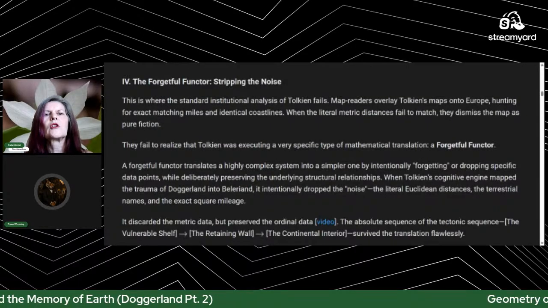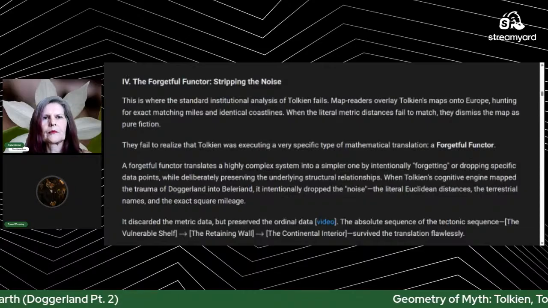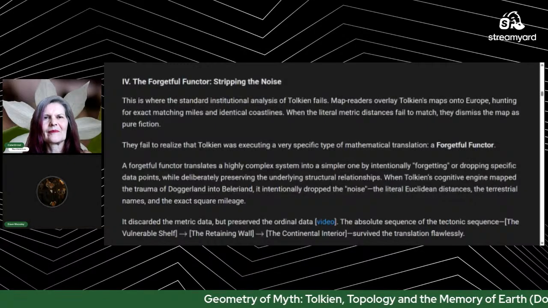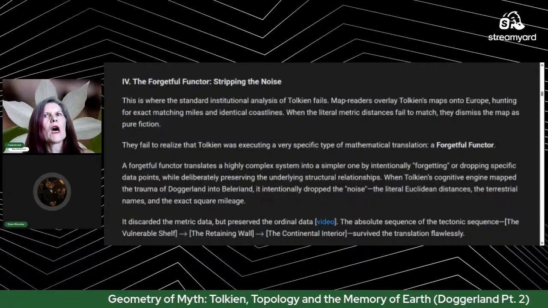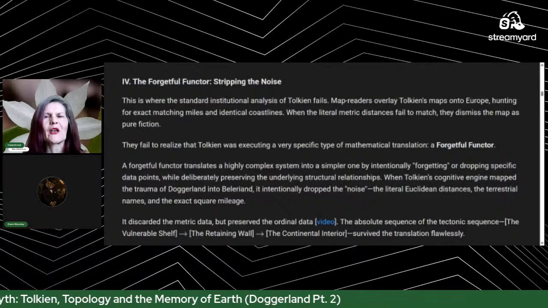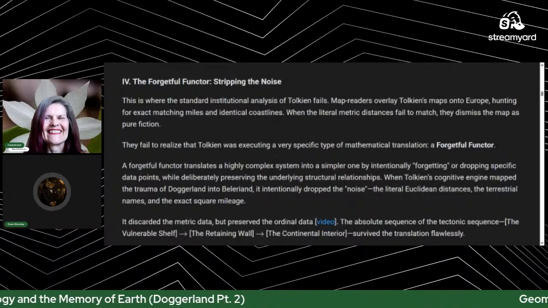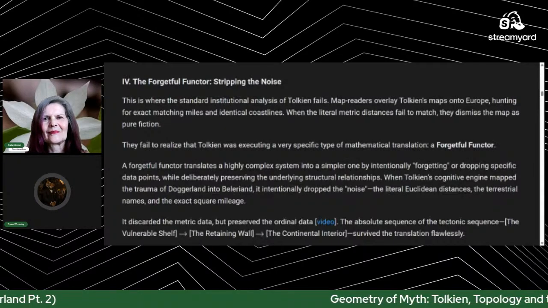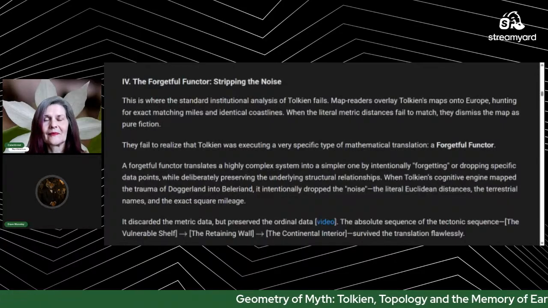Tolkien was, even if he didn't know. I believe category theory was developed mostly after his lifetime or when he was a very old man. But it doesn't matter because it still happened. These relationships are operative even if you don't understand what category theory is.